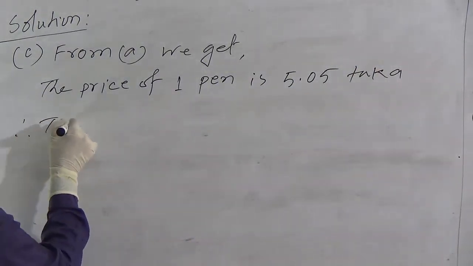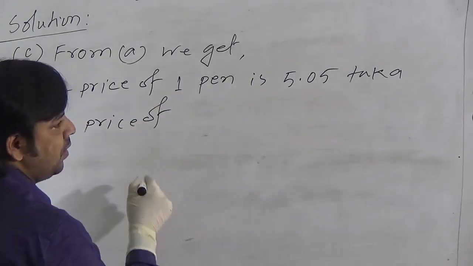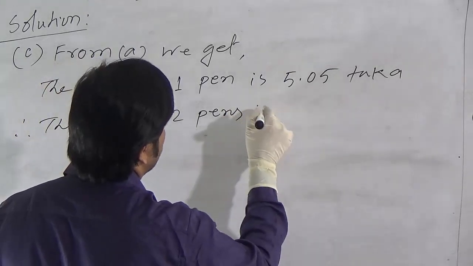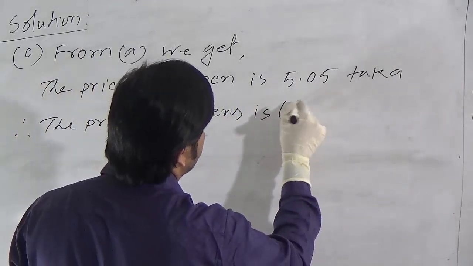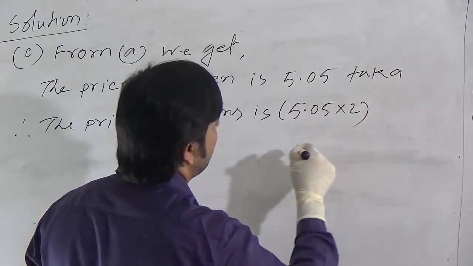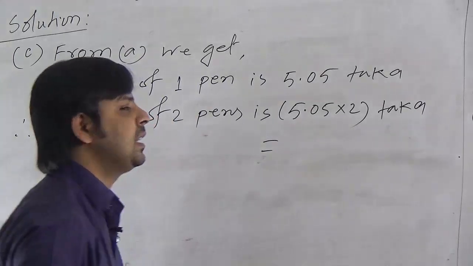Therefore, the price of 2 pens is, we have to multiply 5.05 by 2 taka. Just a simple multiplication this one.